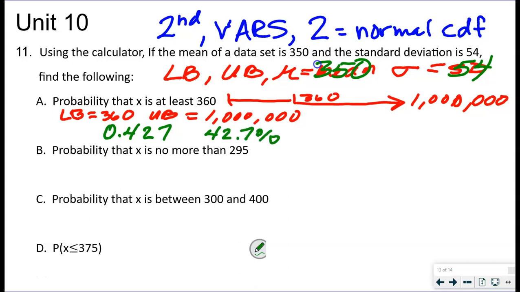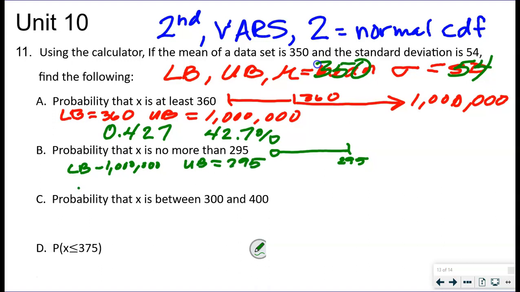Okay, so the next problem says probability that x is no more than 295. So here, again, I'm going from 0 up to 295, right? So that's no more than. So that means we got a lower bound this time of negative 1 million. Okay, that's what we're going to put in. And then our upper bound is going to be the one we just got, 295.